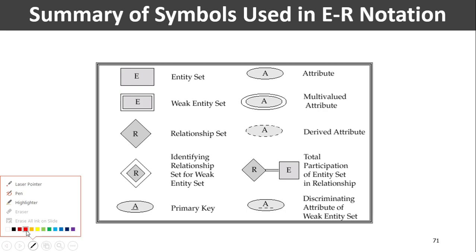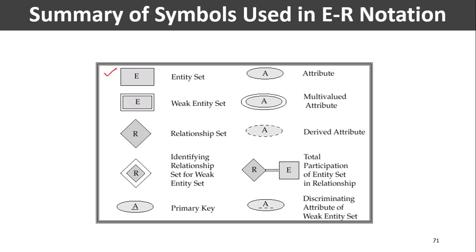The strong entity set is denoted as a rectangle, the weak entity set is denoted as a double rectangle, and the relationship set is denoted as a diamond. The identifying relationship set for a weak entity set is denoted as a double diamond.